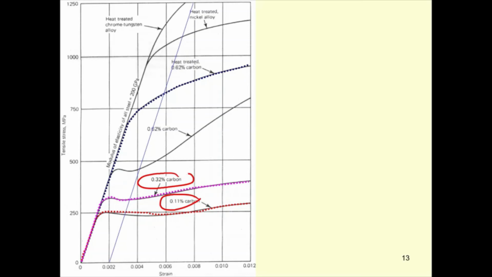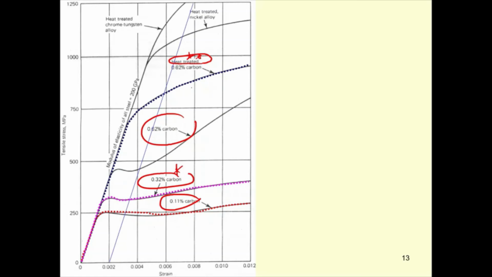And the heat treatment also increases it. So the steel property not only depends on the percent carbon, it also depends on the manufacturing process.